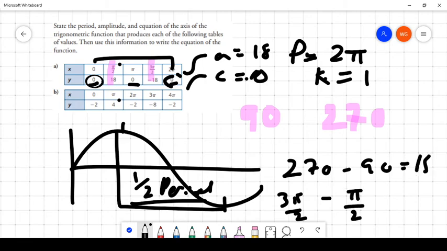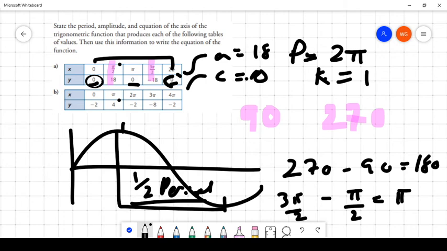Well, that's equal to 180, or if you prefer, just pi. So pi is half the period, or 180 is half the period, so the full period would be 180 times 2, or pi times 2. So the full period would be 2 pi, or 360.